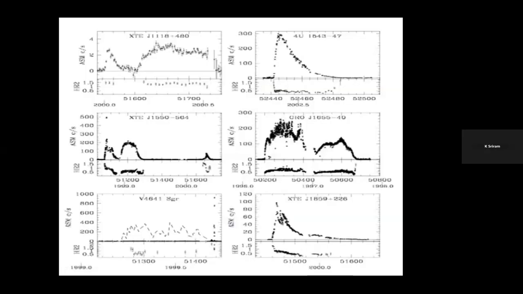So now I've moved to my next slide. You can see these are basically some of the temporal variations of stellar size mass black holes in our galaxy. The name conventions are also given. For example, on the left side, second panel, you can see XTE J1550-564. This is the name of a black hole.